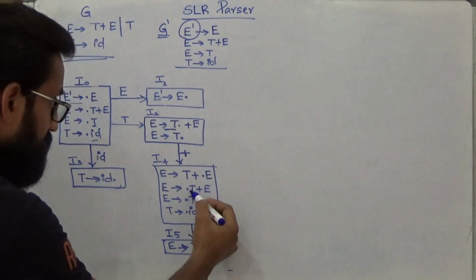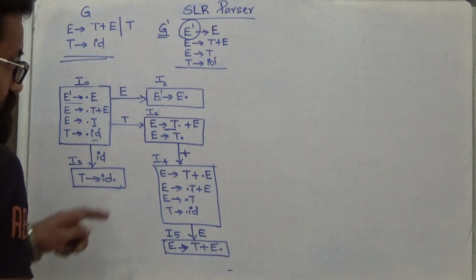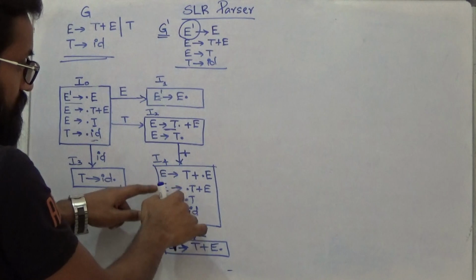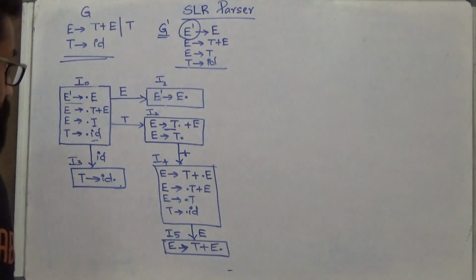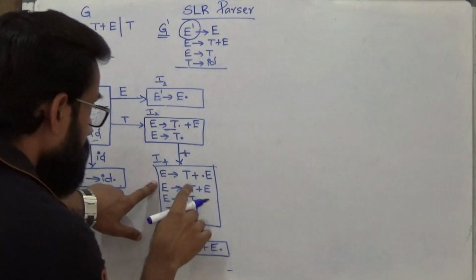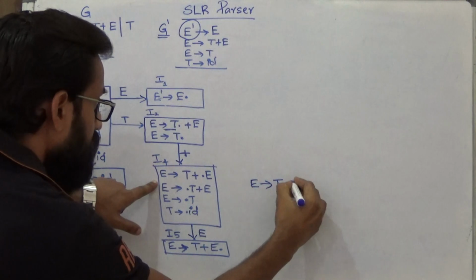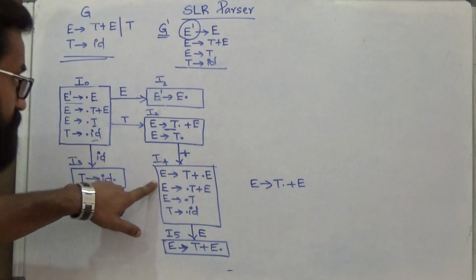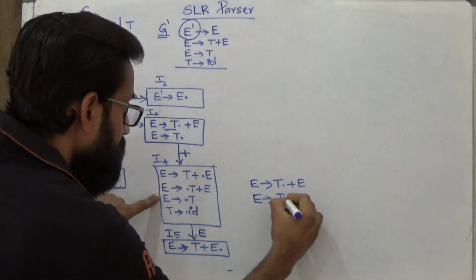So you have applied the transition corresponding to E. Now if I consider the remaining productions, you can have a transition corresponding to T, because you have two items whose right hand side contains dot followed by T. If I process E giving T dot plus E, that will be the new item obtained. And if I process the other one, you will get E giving T dot.